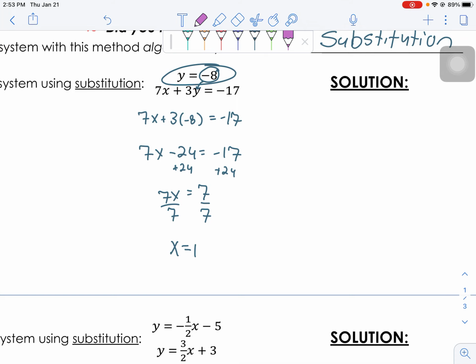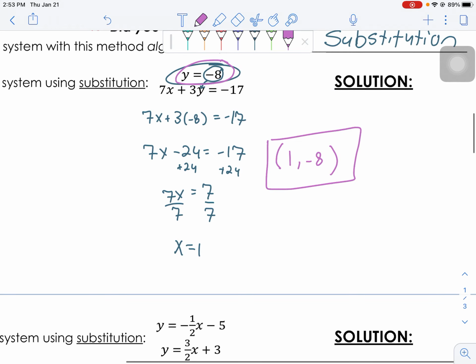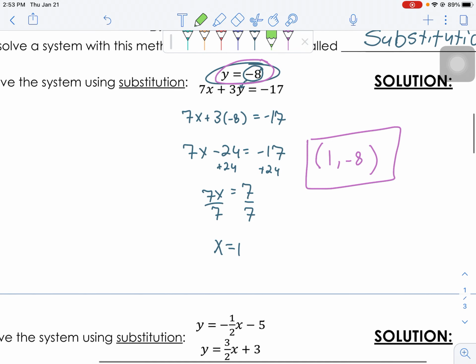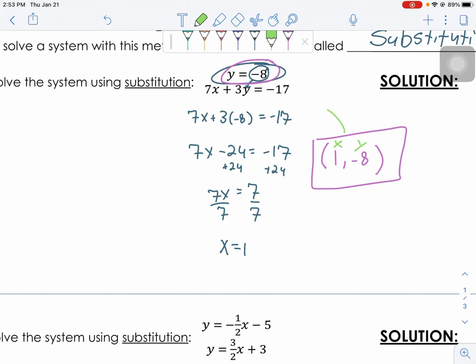All right, that's awesome. And we already know that y is equal to negative 8. So we can literally just say that (1, negative 8) is the solution. If you wanted to check to make sure that this is the correct answer, you need to plug this x and y into the other equation. So it's 7 times 1 plus 3 times negative 8 is equal to negative 17.